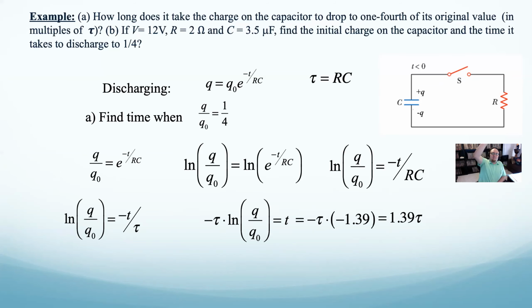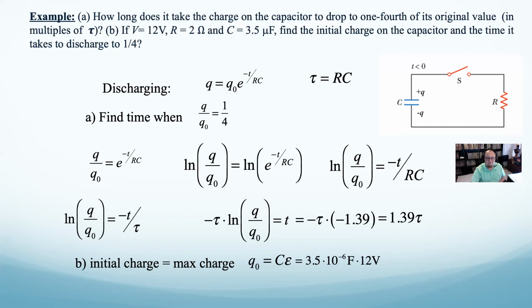The next bit is, given a voltage, resistance, capacitance, find the initial charge of the capacitor and the time it takes to discharge to 1/4. Well, the initial charge is just the max charge. So it's C times the EMF of the battery. Now I wrote V equals 12, but voltage is the same as an EMF.